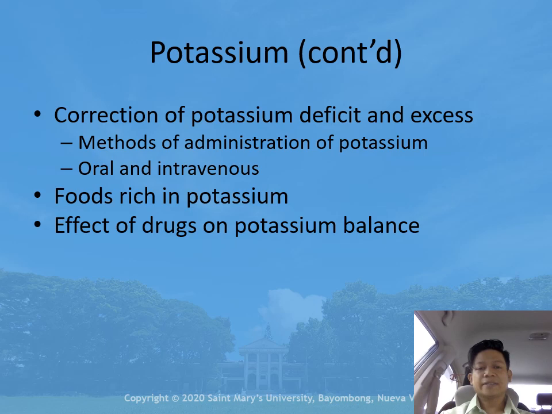If a client is ordered to receive potassium chloride or KCl tablets, the nurse should instruct the client to take potassium chloride with 4 ounces or more of fluid or at mealtime. Potassium chloride should be well diluted to avoid gastric upset and improve absorption.